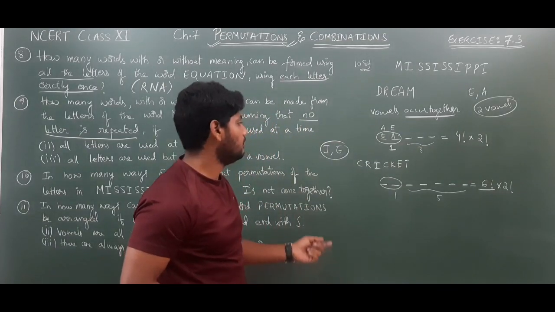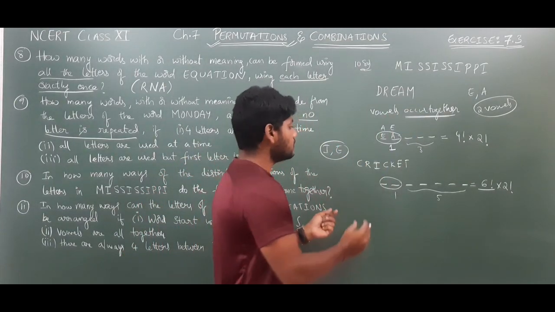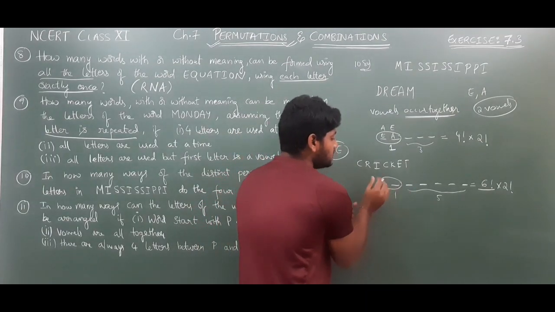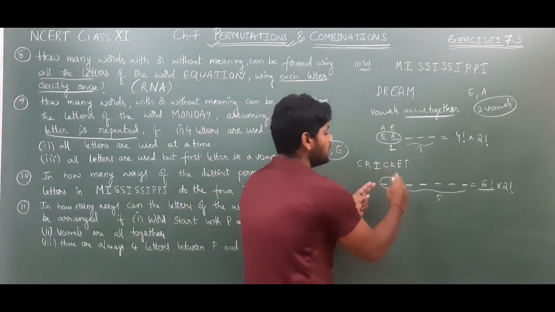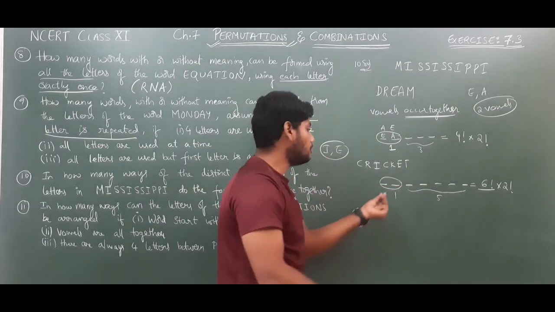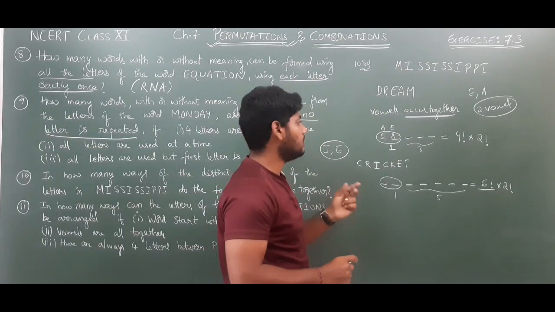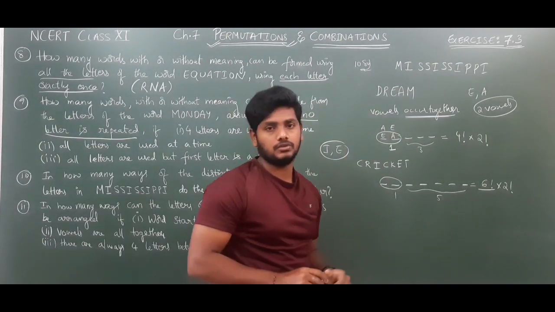Like that we need to write when we are finding vowels occur together. Occur together means those places we need to consider as one place. Next, the remaining places, that much factorial, into the factorial of the number of vowels we have. Like this we need to do when they are asking about vowels occur together.